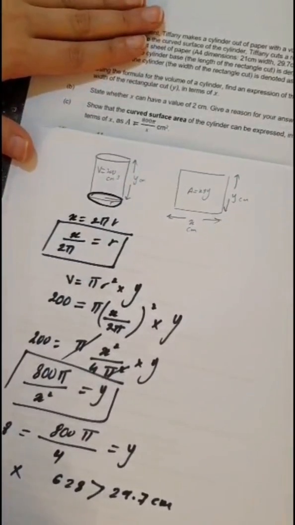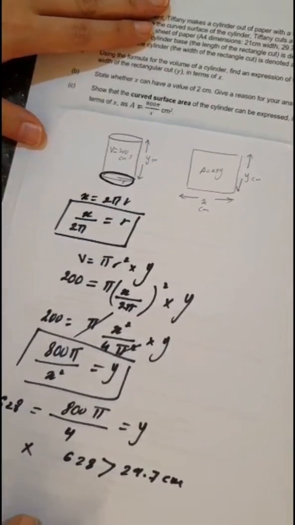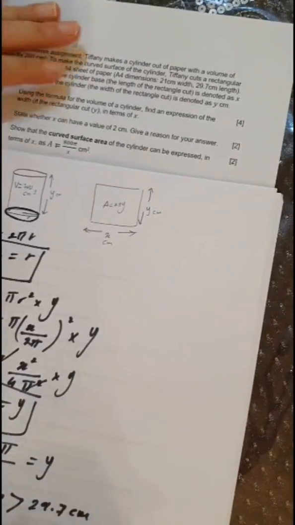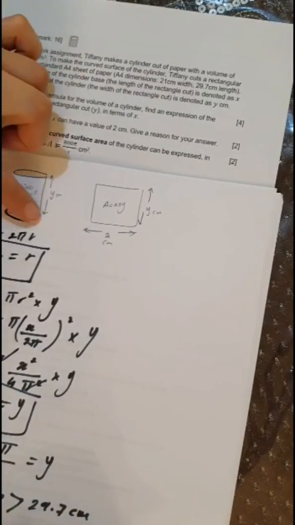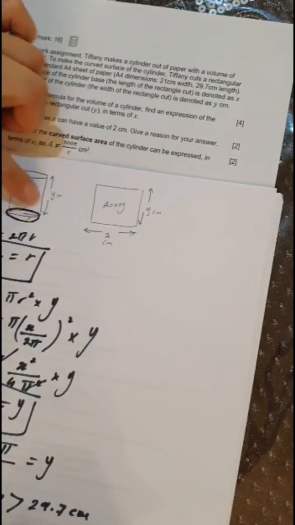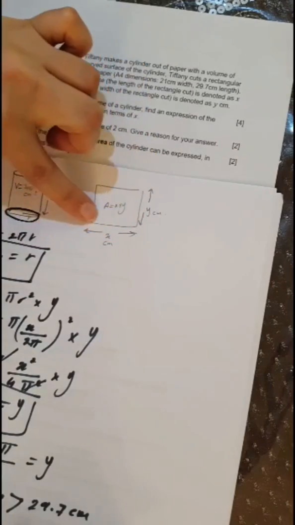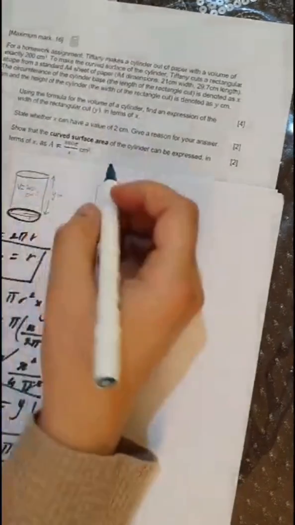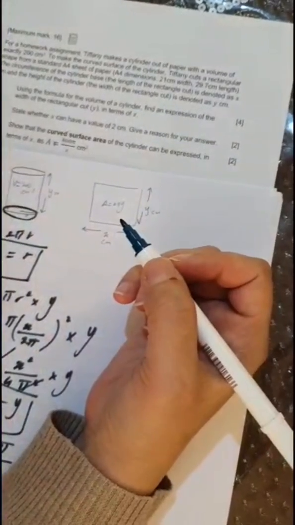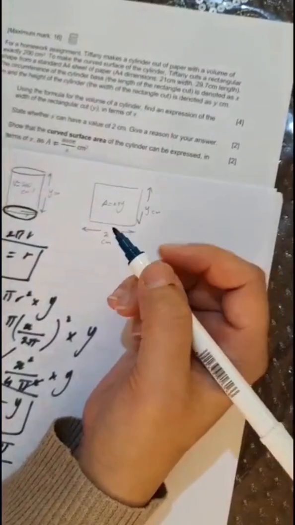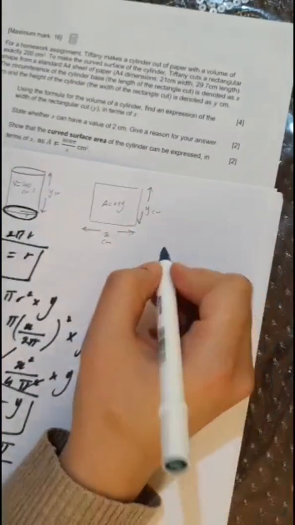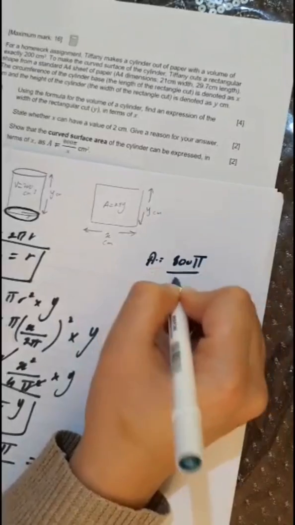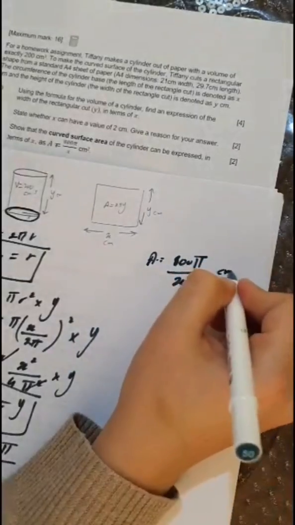In the next part, show that the curved surface area of the cylinder, and you can see here that the curved surface area is given by 2πxy, okay? So we need to show that the curved surface area of the cylinder can be expressed in terms of x as A equal to 800π over x centimeters squared.